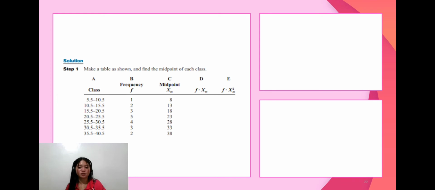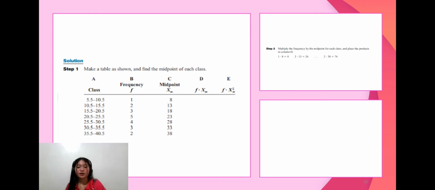Here is our solution. As mentioned in the procedure, make a table as shown. Then we find the midpoint of each class. Since the midpoints are given, we proceed to the second step.